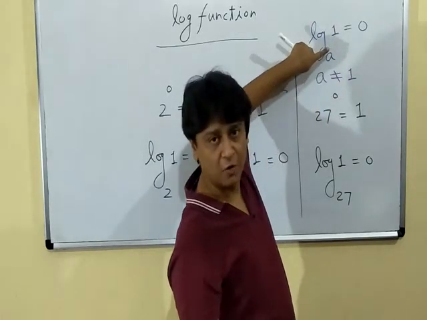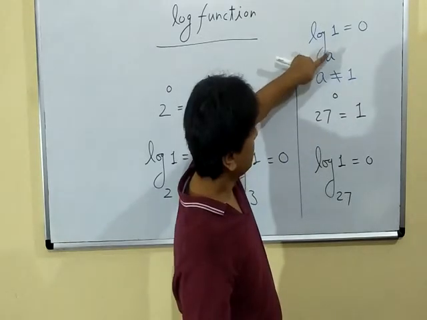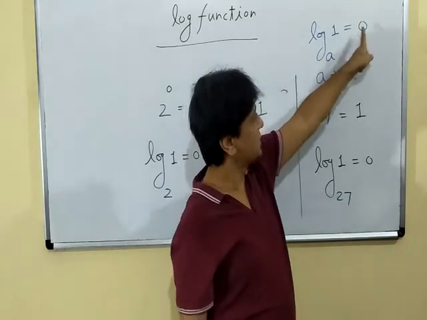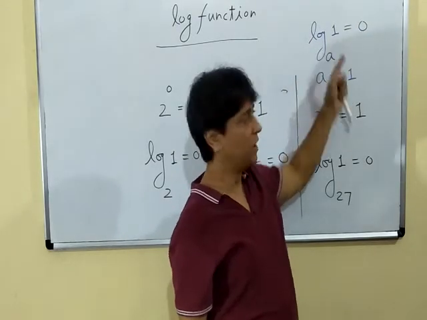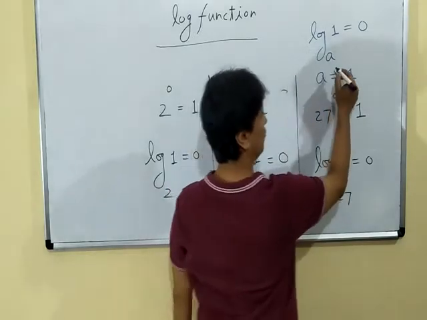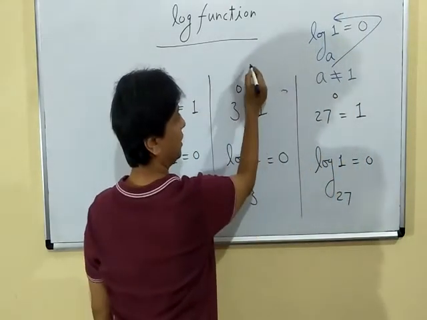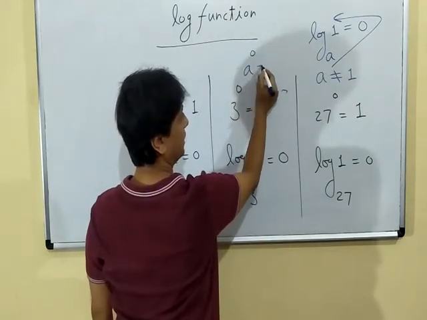ब्लू में क्या इंफॉर्मेशन लिखा हुआ है? ब्लू में केवल इतना सा इंफॉर्मेशन लिखा हुआ है कि किसी नंबर A पर अगर आपने 0 पावर रेज किया तो आपको क्या मिलेगा? 1. Let's remove log. लॉग रिमूव करने का तरीका क्या बताया? लाइक दिस। ये चीज क्या बनी हुई है? a to the power 0.